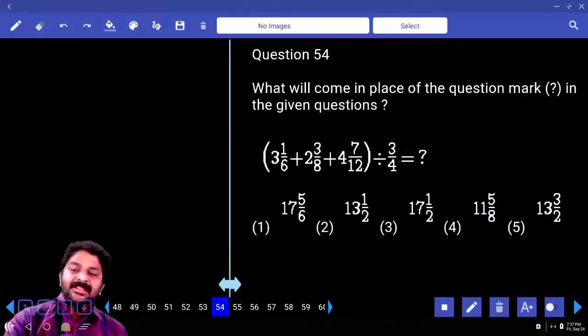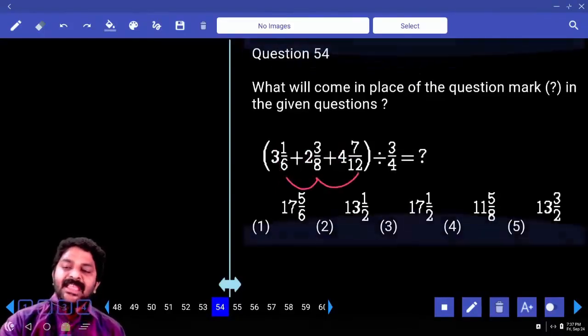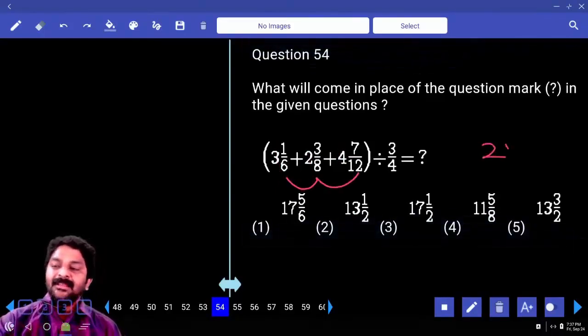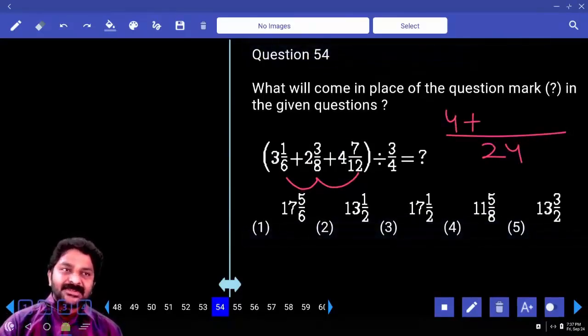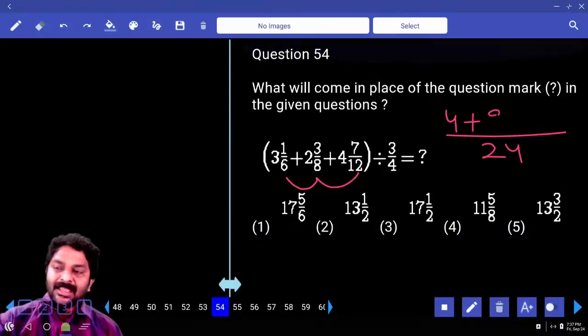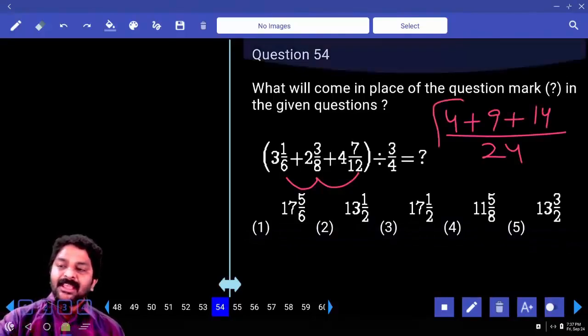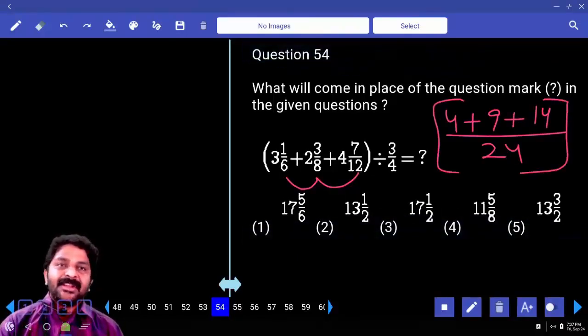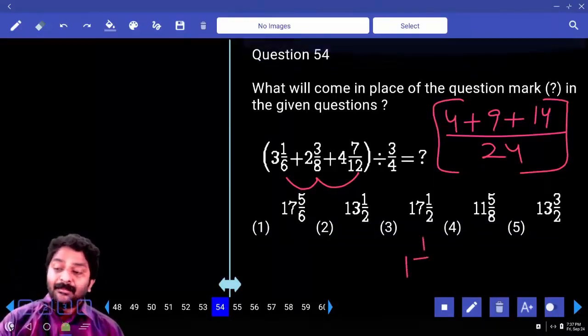Next. 3 plus 2 plus 4. 9. 6, 8, 12. LCM 24 only. Right. 6 4 times plus 8 3 times. 3 into 3, 9. 12 2 times 2 into 7, 14. So entire value is equal to 27 by 24. This can be written as 1 3 by 24, which is simplified form 1 by 8.